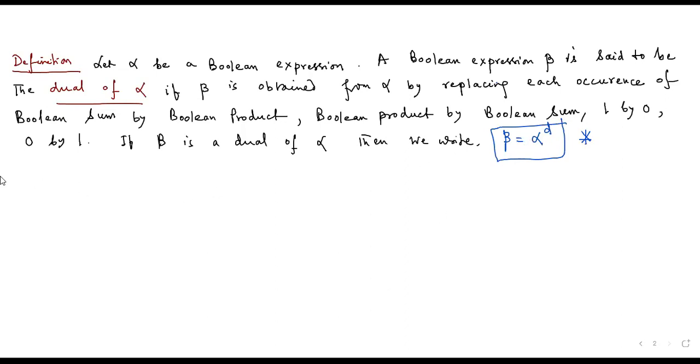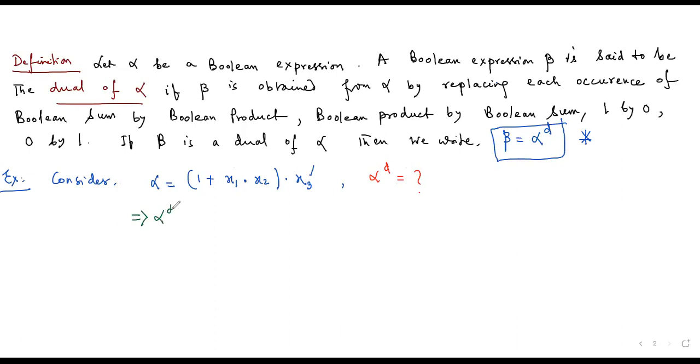Okay, for example, let us consider the Boolean expression alpha equals 1 plus x1 dot x2 dot x3 prime. Now, suppose the question is, find alpha d. So what will be your answer?